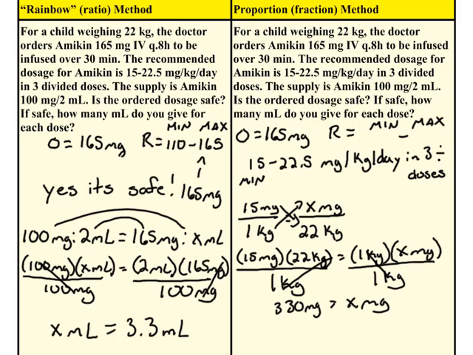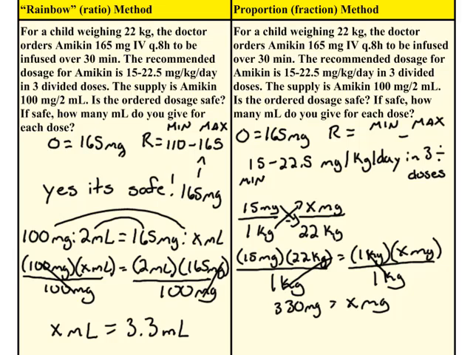Now, if we look back at what the doctor ordered, they ordered 165 milligrams every 8 hours. That means if we want to give this every 8 hours, we'll be giving it in 3 doses throughout the whole day. If you look at the recommended dosage, it tells us that this amount, 15 to 22.5 milligrams per kilogram per day, is given in 3 divided doses.